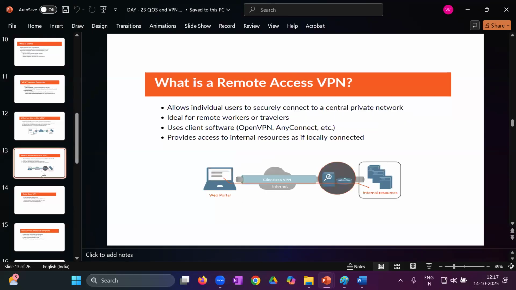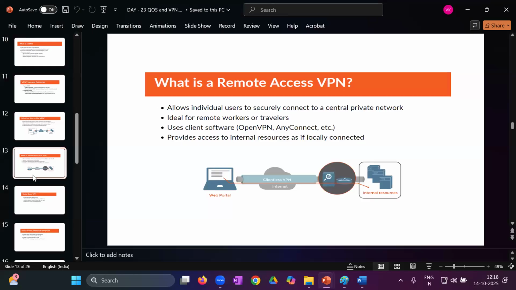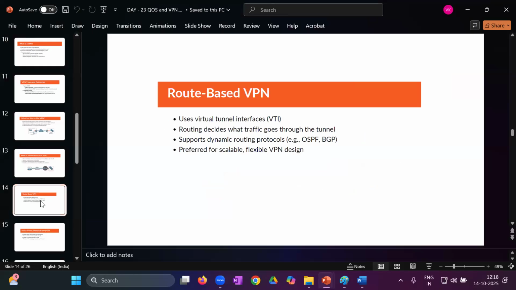But on the client side, we don't have anything. He has to initiate a connectivity. Only in remote access we don't have a VPN tunnel from the start. Here we have to have a VPN tunnel. We will be creating that with the help of client software like OpenVPN that we have discussed, and AnyConnect.